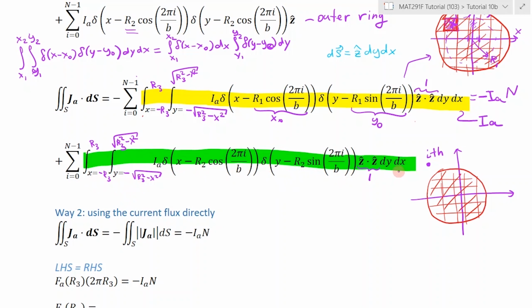Sorry. So this green part is 0, which means that the summation is also 0. So overall, we need to add negative IAn and 0. So this is the right-hand side of Stokes' theorem.